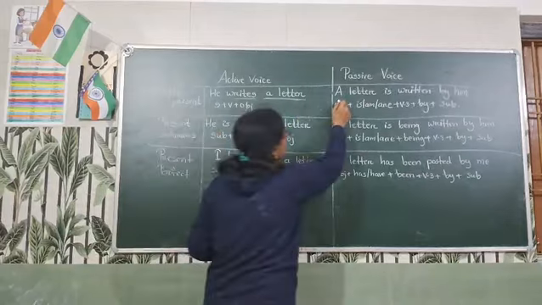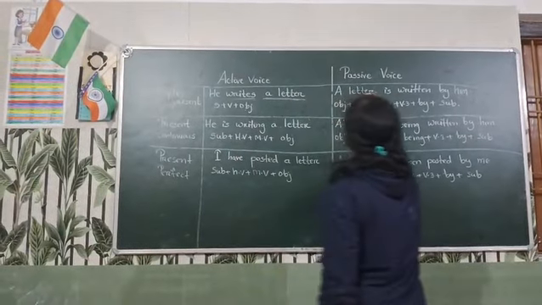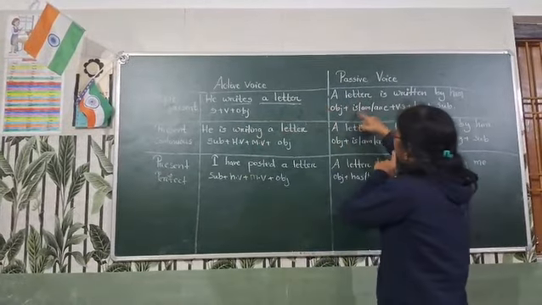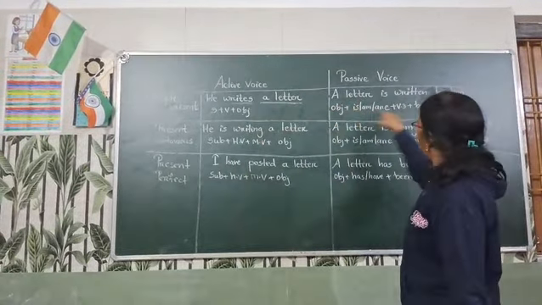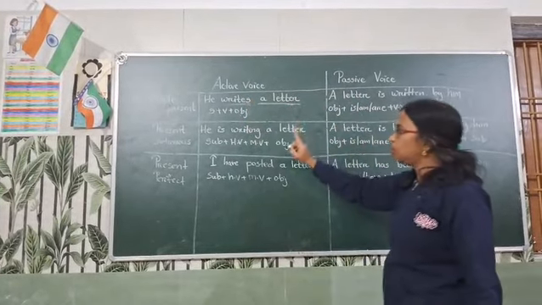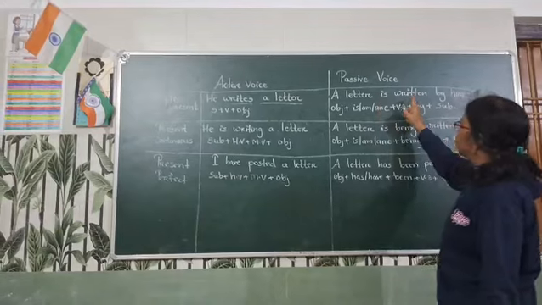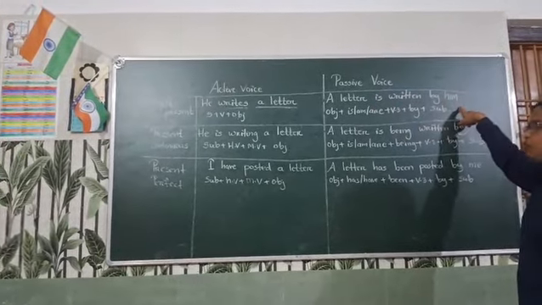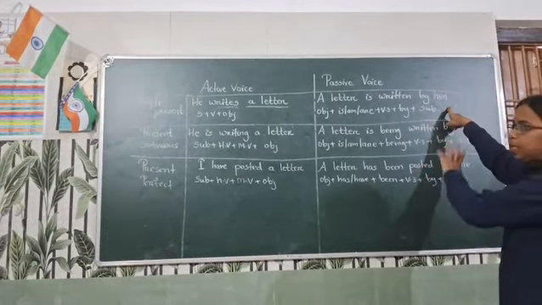So I write here a letter. Then the formula: because a letter is singular, we write is. Then verb 3. Write is verb 1, wrote is verb 2, written is verb 3. A letter is written by him. This is the passive voice in the simple present tense.